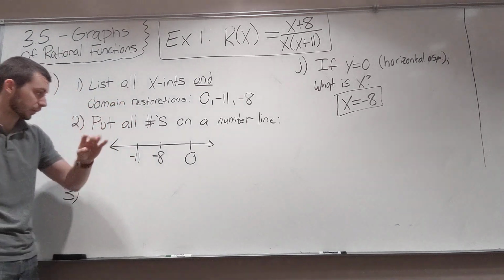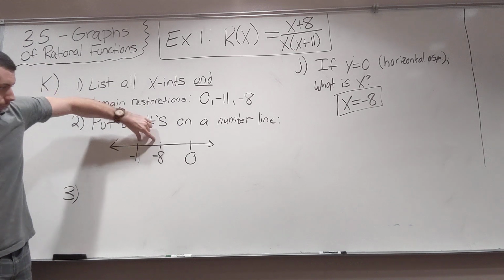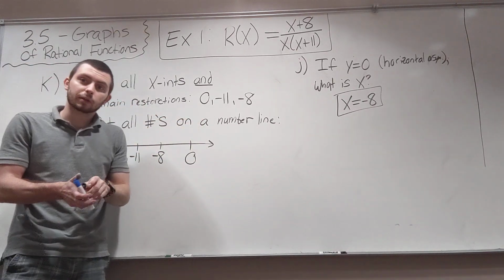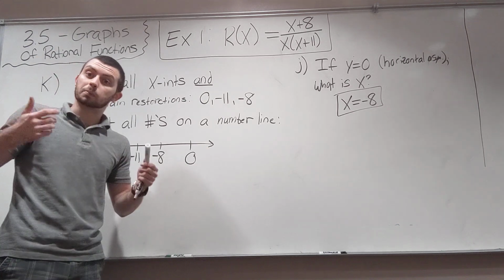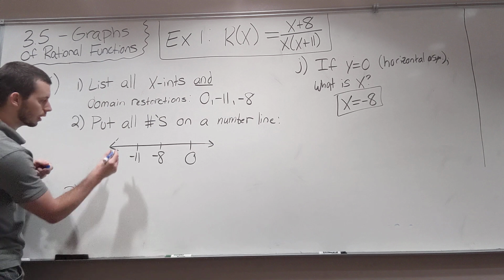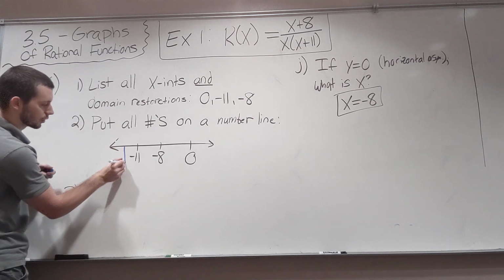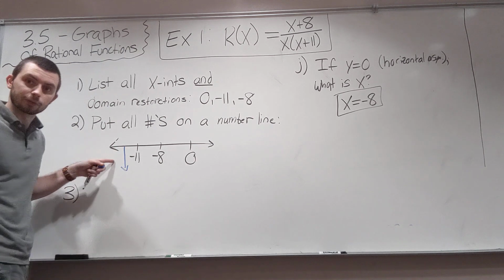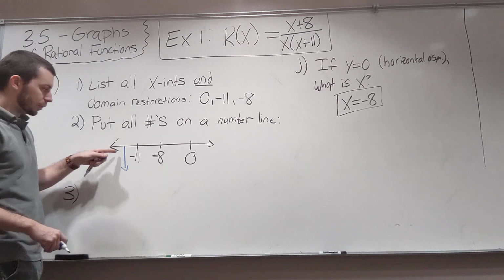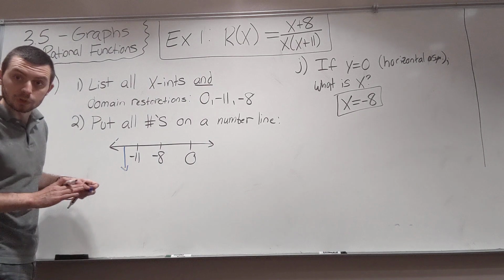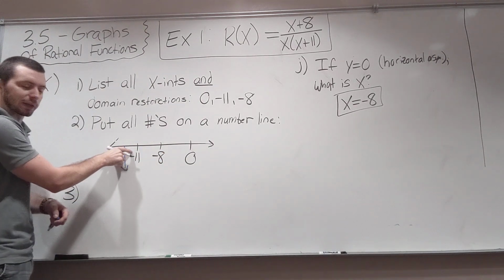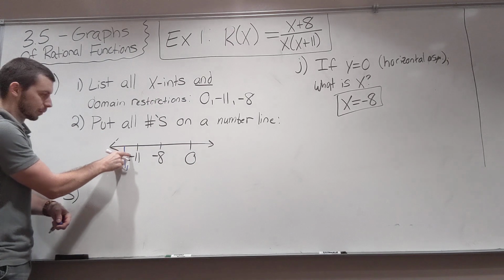Each one of those segments needs to have a representative from it. This is called a test point. I'm using a different notation to distinguish it from these values. From here, I just have to pick any number that lies in that segment.